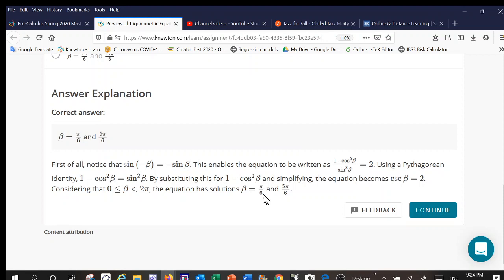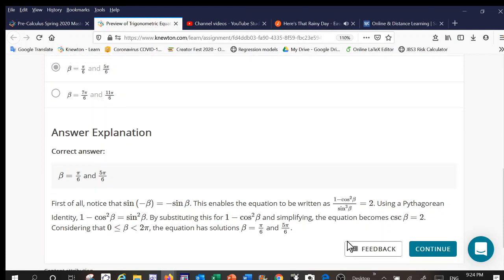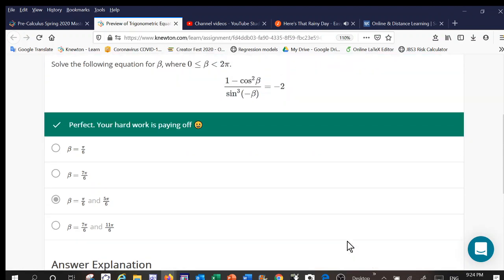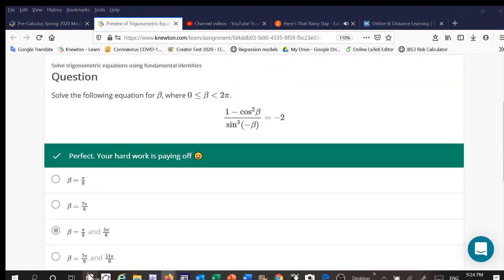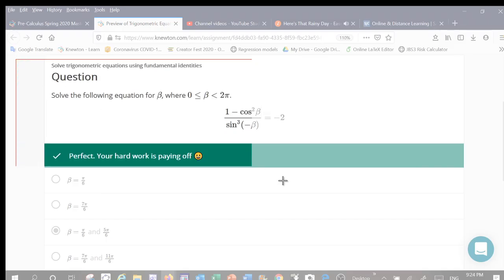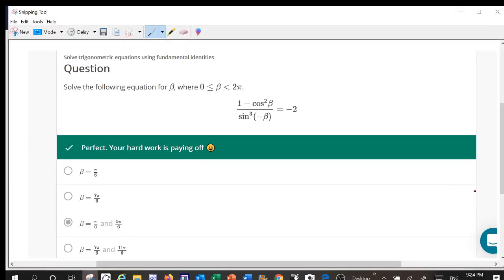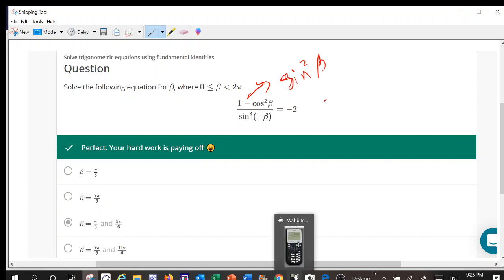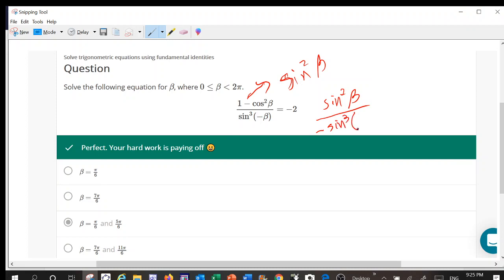So 1 minus cosine squared is sine squared, so we can write it as sine squared. Looks like not much work is shown, so I'm going to do it here. We write sine squared beta over negative sine to the third of beta.